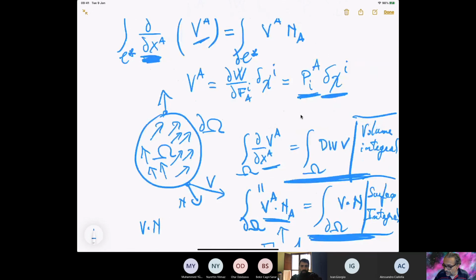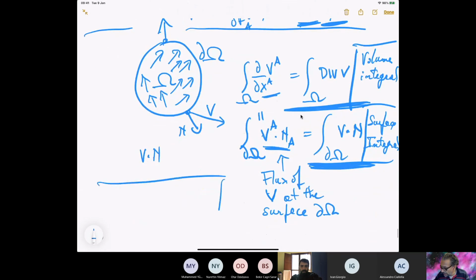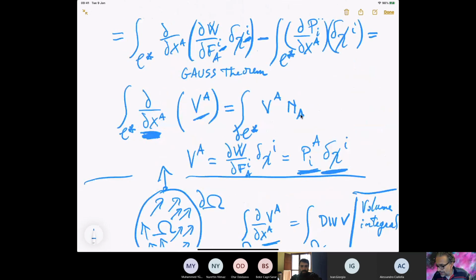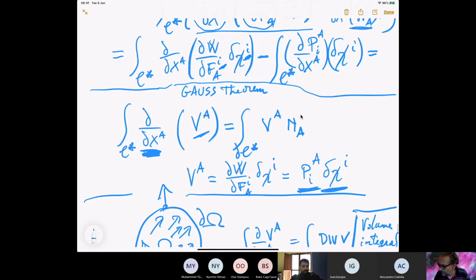So if you have troubles with this, let me know. We will try to go into deeper detail about Gauss theorem. Everybody having studied electromagnetism should know about Gauss theorem, which, by the way, is applied everywhere in physics.